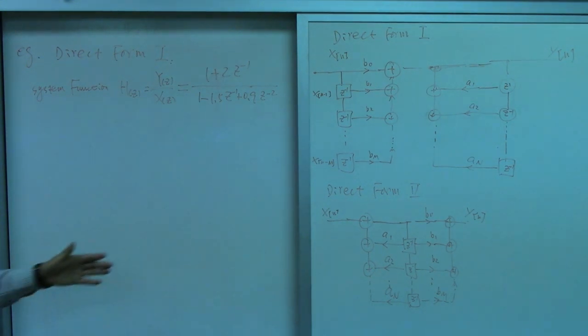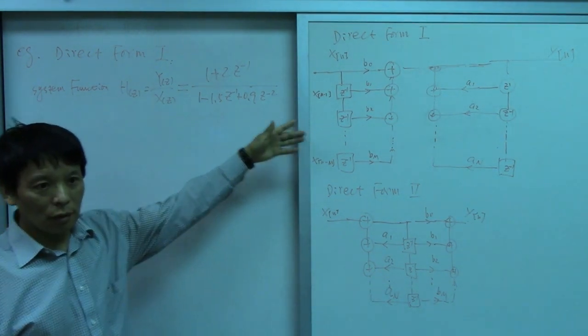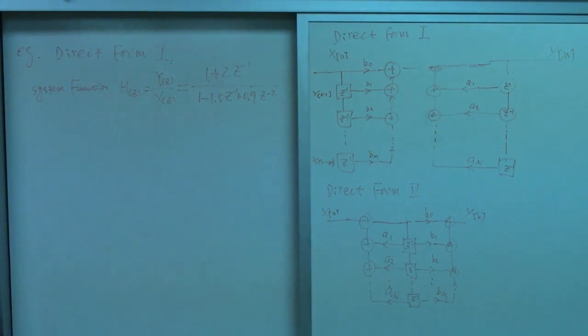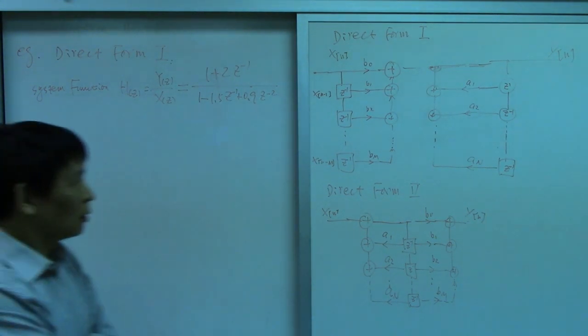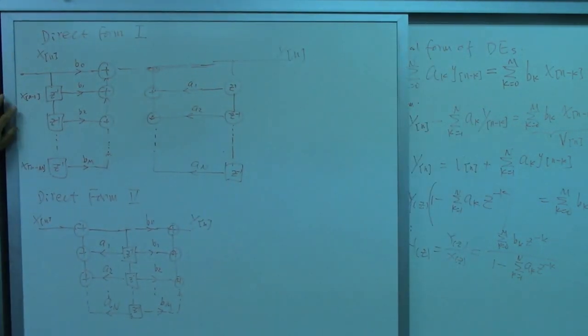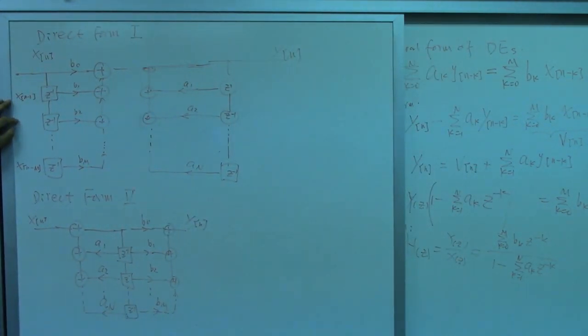Try to understand what we have here, right? Then figure out what to do with this. Okay, look at this first. If you are given the direct form 1, what is the difference equation? Look at this here. What is the difference equation?